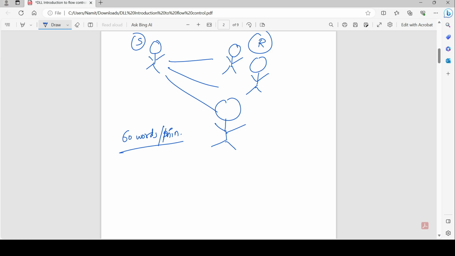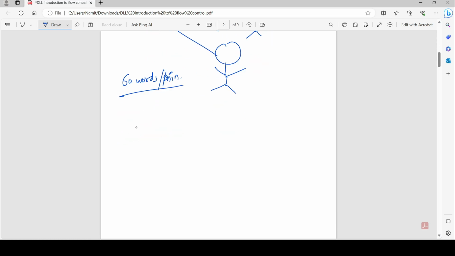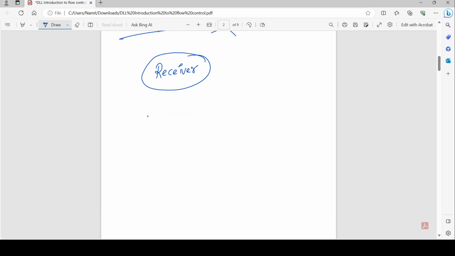Can I say that the primary focus over here is the receiver? If we analyze this scenario, there is a sender and there is a receiver, and they are trying to communicate with each other.